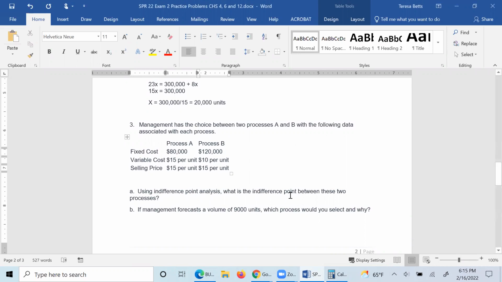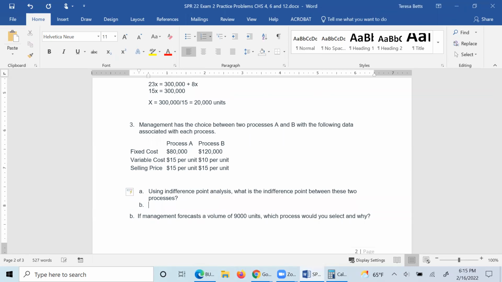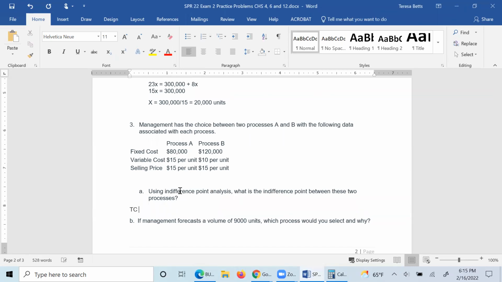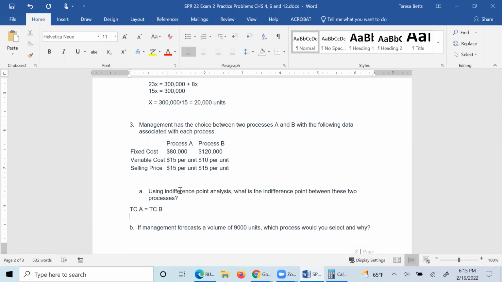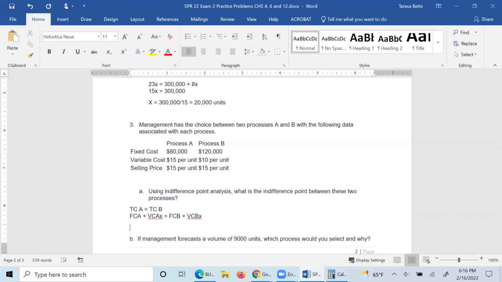So using indifference point analysis, what's the indifference point between these 2 processes? What we want to do here is set the total cost of process A equal to the total cost of process B. In this case, that's going to be the fixed cost of A plus the variable costs of A times X are going to be equal to the fixed costs of B plus variable costs of B times however many units we sell.